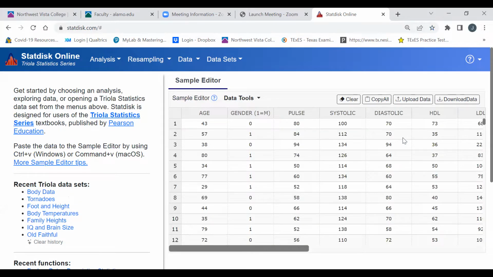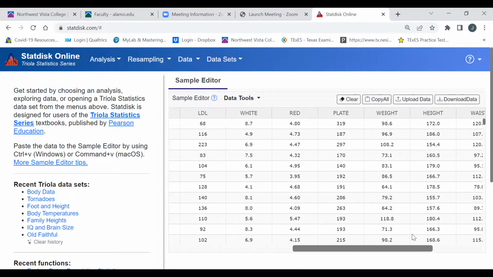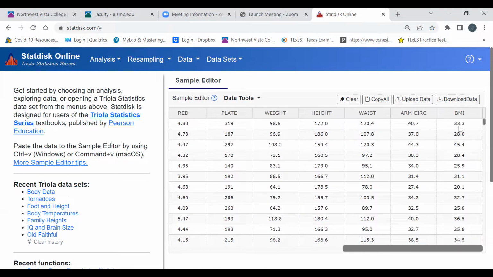And let's look at the BMI. Yeah, we'll do BMI. Let's do a box plot for BMI. All right, so either you load up the data, you type them in one column, or you bring it up. All right, it doesn't matter. All right, but I want to do a box plot for the BMI.